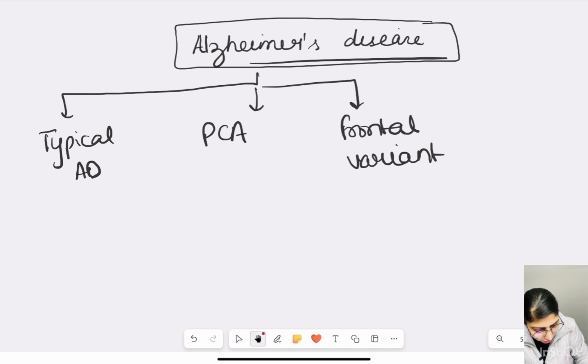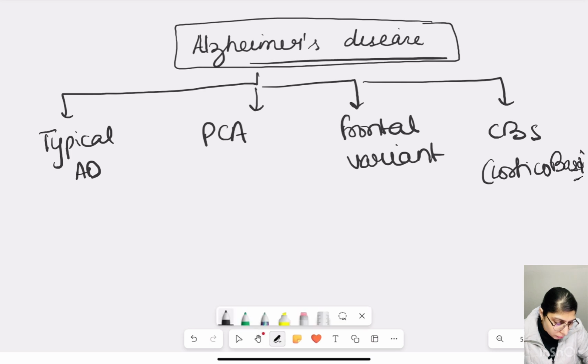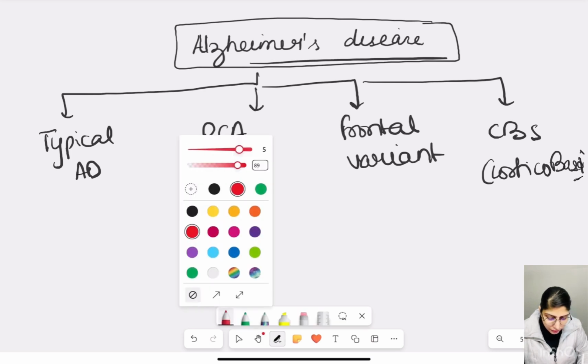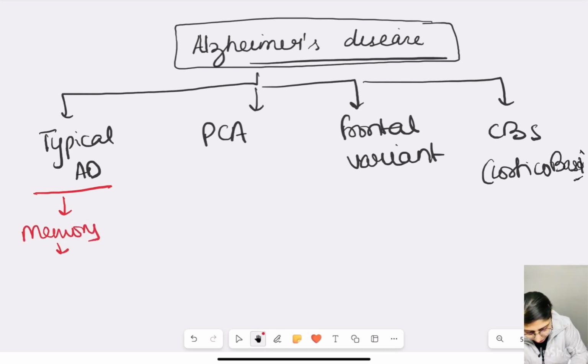Then there is a frontal variant. And then there is a CBS, a corticobasal variant. Now, typical AD, as we just described, starts with memory, forgetfulness, moves on to the language, naming difficulties, and then the visual spatial thing.